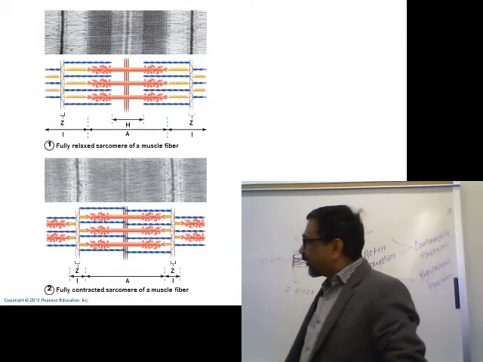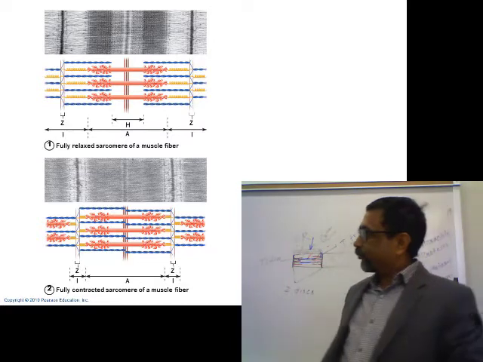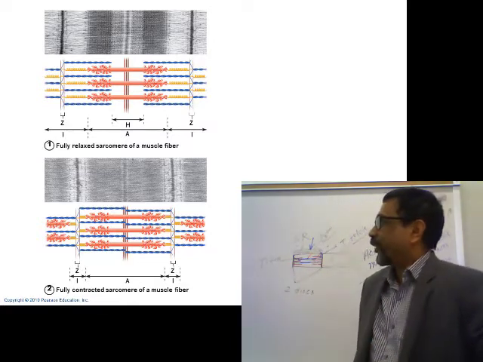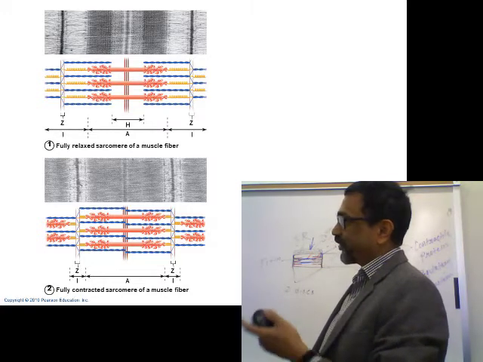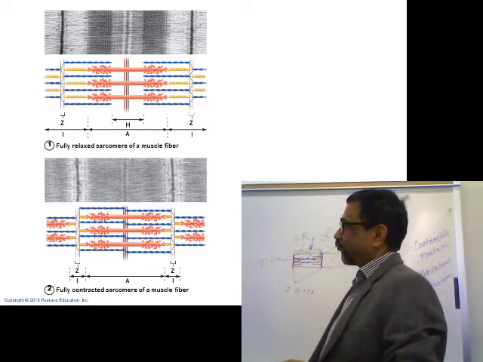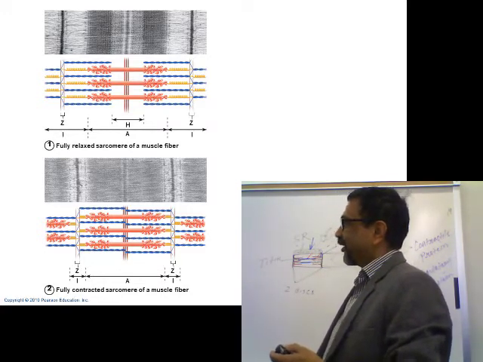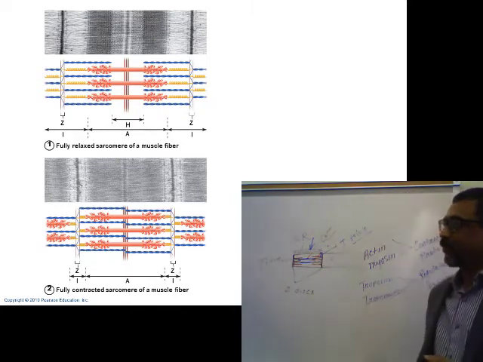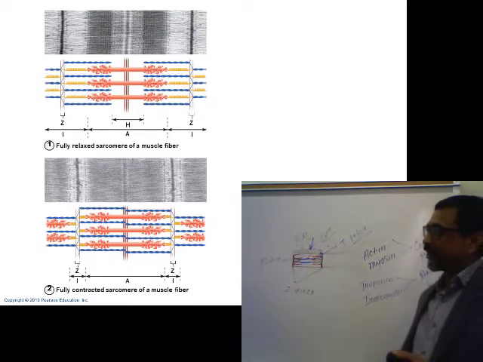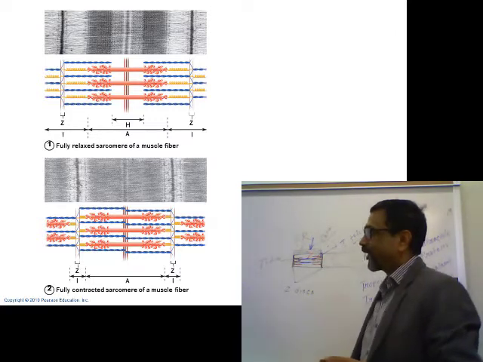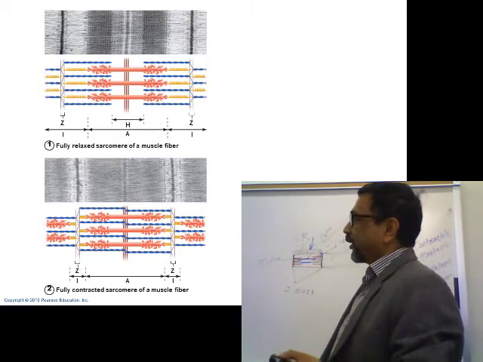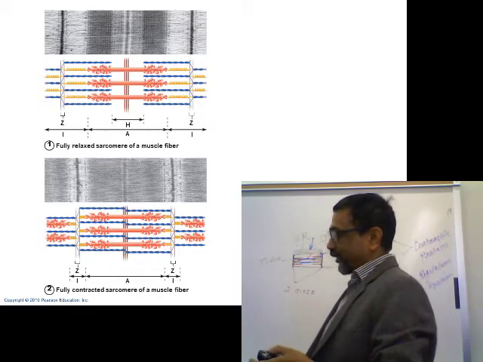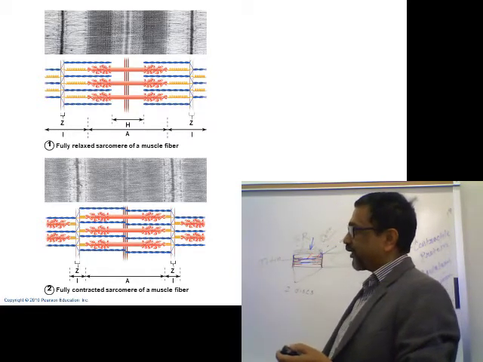Now, you see here, the upper picture is showing a sarcomere between two Z discs in relaxed condition. So the thin filaments, the blue filaments, are away from each other. There is a big gap in between, in the center of the sarcomere. The lower picture is showing a fully contracted condition.